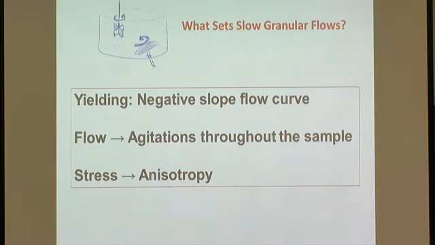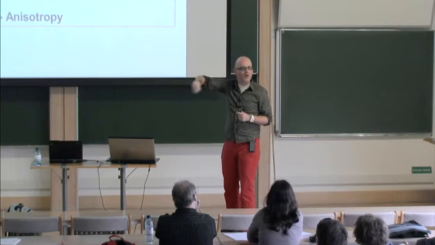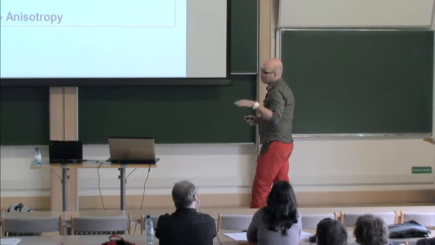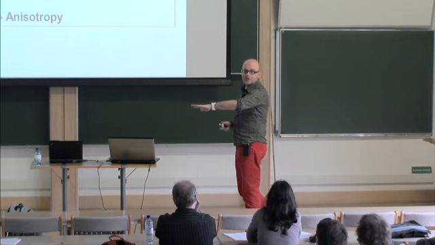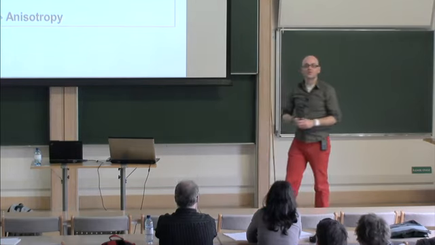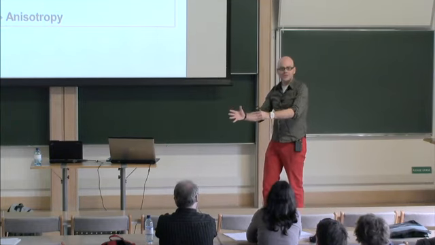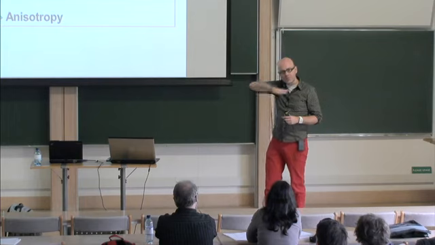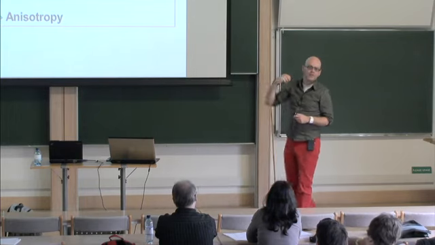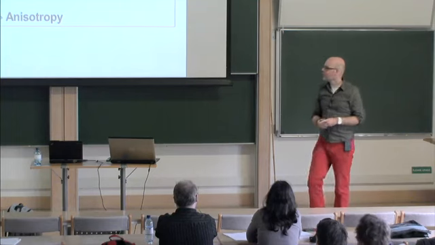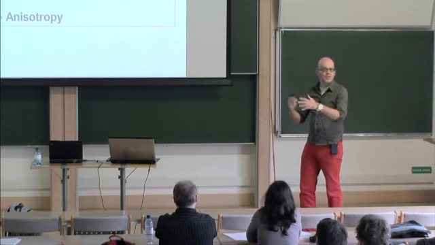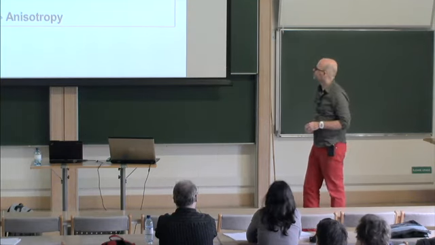So the first thing is all the physics that has to do with yielding, and you typically get yielding when you only stir the system at one position, let's say, is that you have this negative slope in the flow curve. This is the natural way in which at some point the flow really starts to stop in your system. If you just have a simple flat flow curve, you will never get that right. And I've shown you all these hysteretic experiments where you can clearly see that.